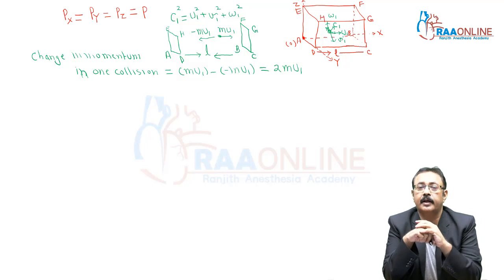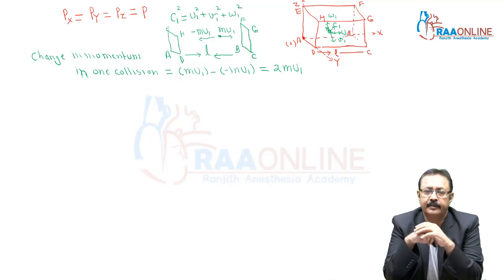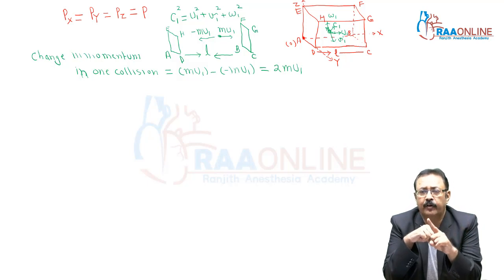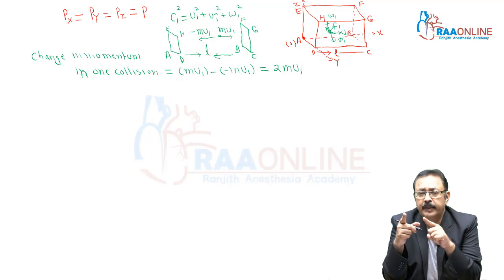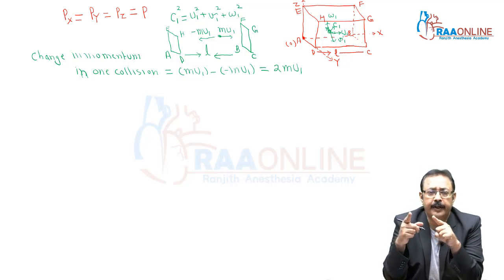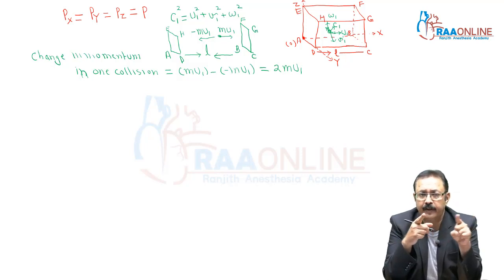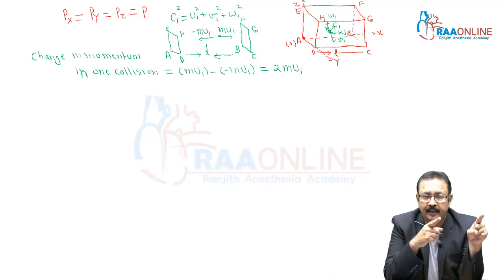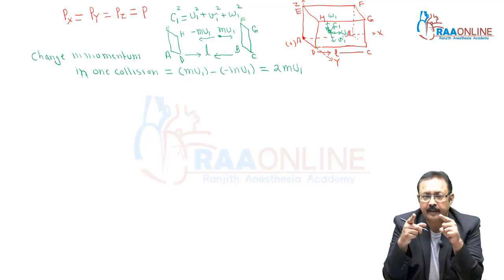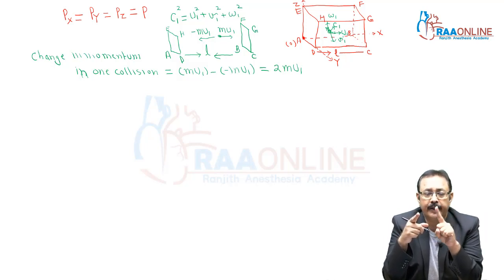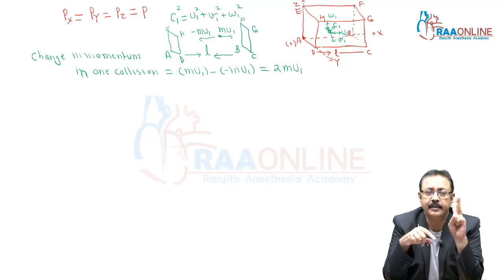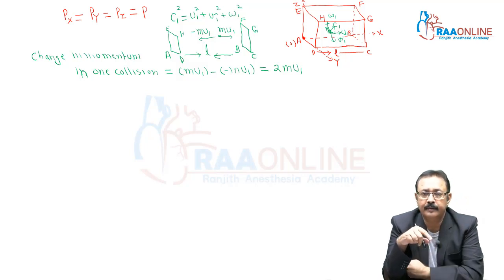How many collisions are there in 1 second? To again collide with the same wall, it has to travel 2L distance from BCGF to ADEH. It will travel L distance, after collision it will come back, again it will travel L distance. So it will collide with the same wall after traveling a distance of 2L.